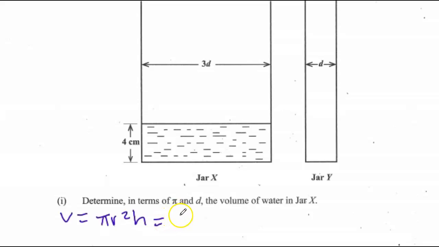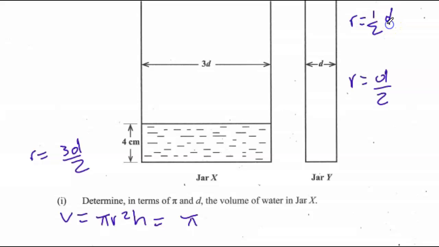Now we are told the diameter for jar X is 3D. So r would be half of that. So r for jar X would be 3D over 2, and r for jar Y would be just d over 2. Remember, r is half of the diameter.